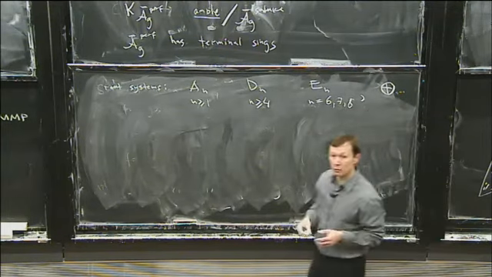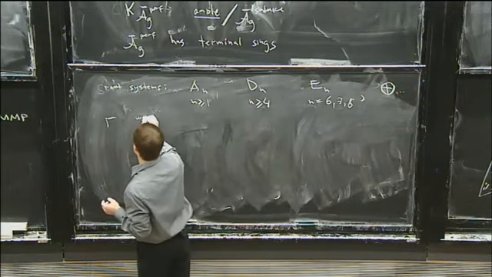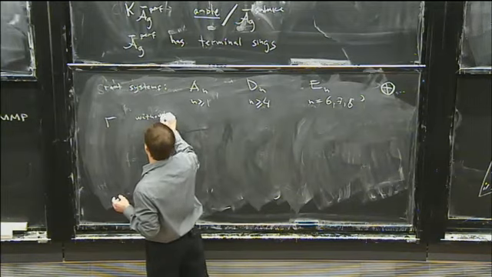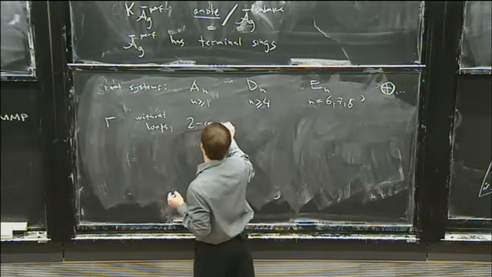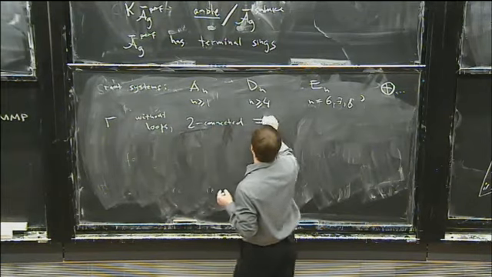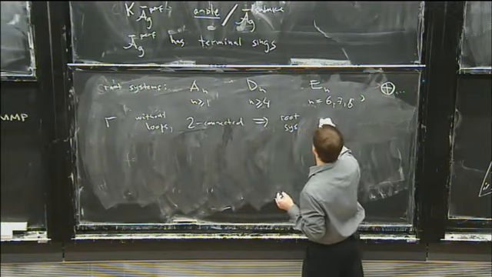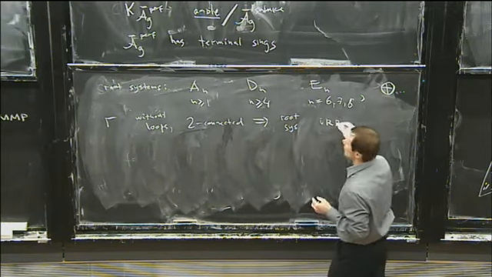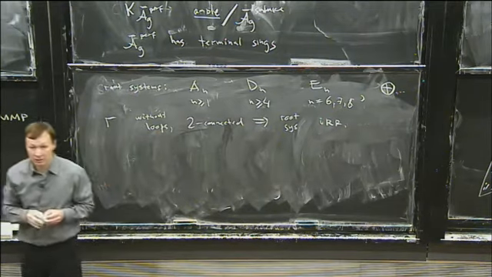These are also root systems. And moreover, if gamma is without loops and connected, then this root system has to be irreducible. So it's only one copy, either A_n or D_n or E6, E7, E8.